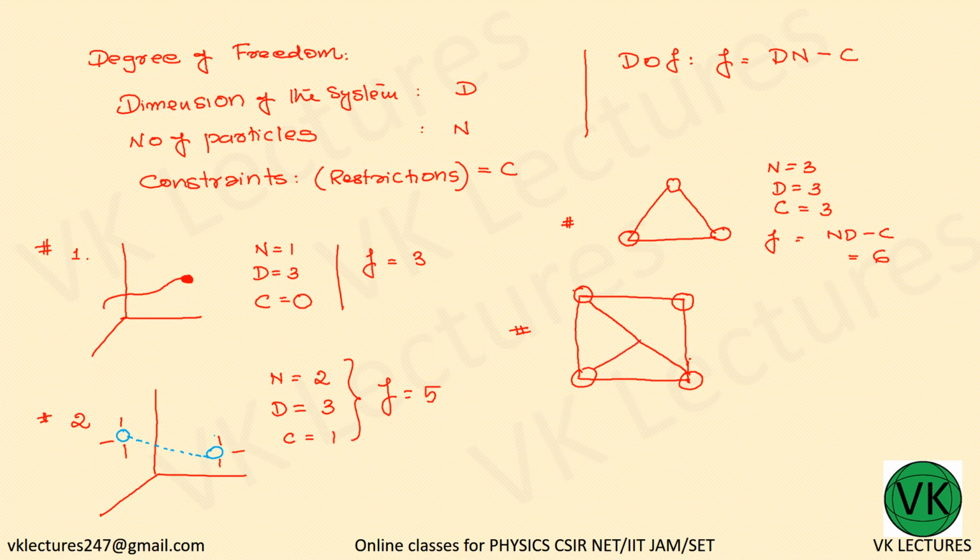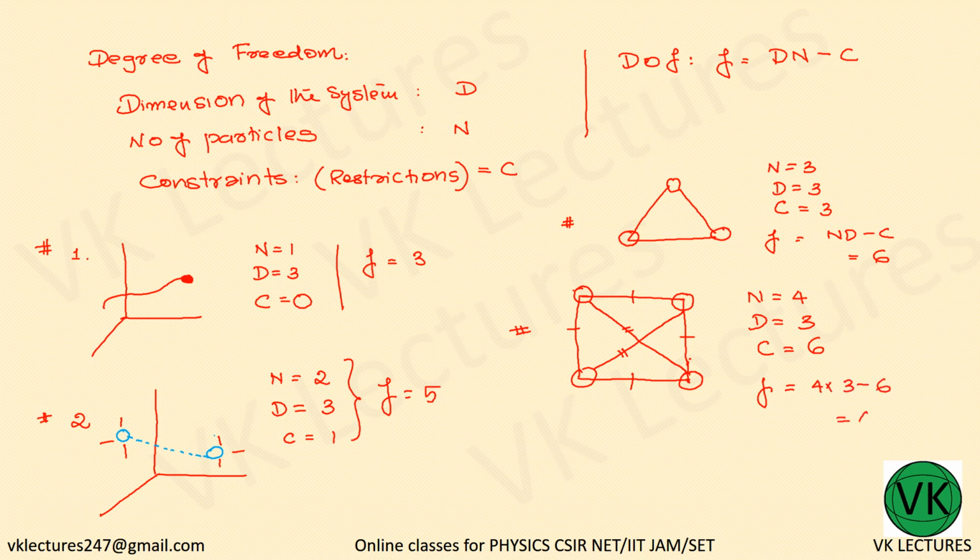Now the number of particles is 4, the dimension is 3, and the constraints are 1, 2, 3, 4, 5 and 6. So these are 6 constraints. So the number of degrees of freedom f is equal to 4 into 3 minus 6, which gives you 6.